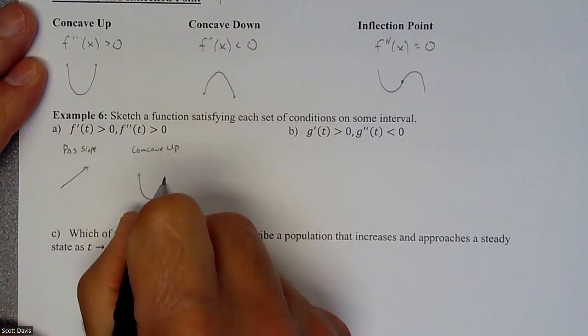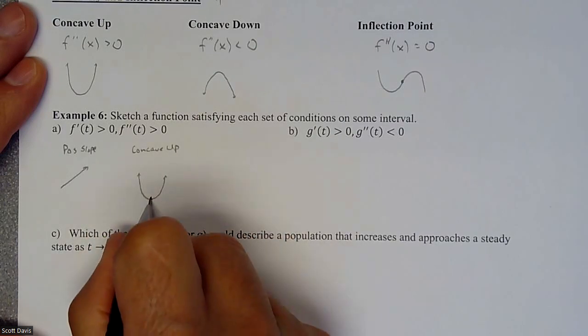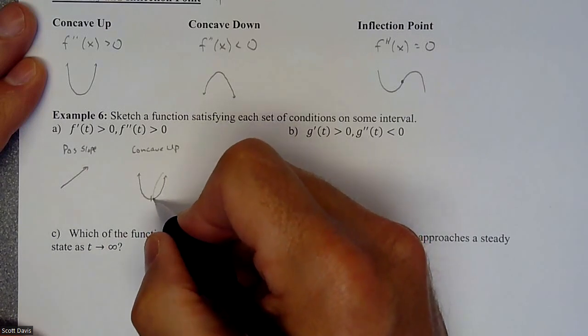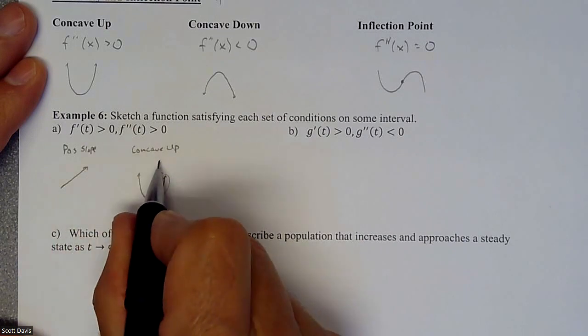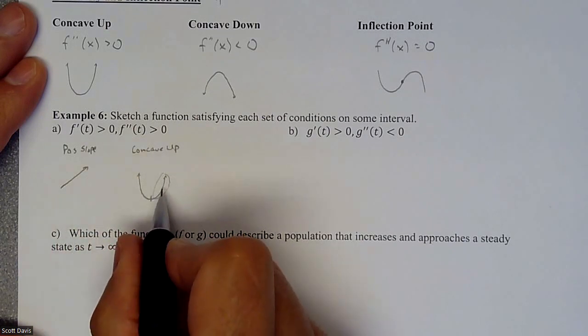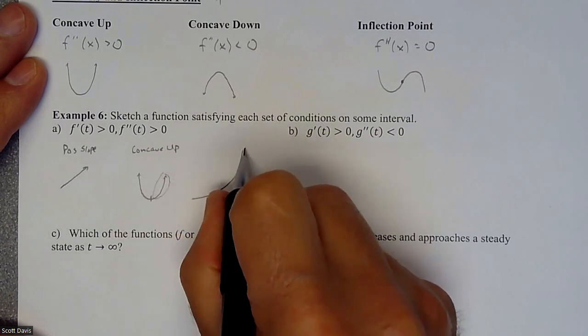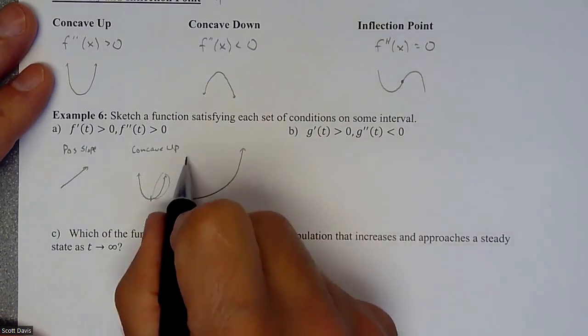But on concave up, part of the graph has a negative slope, part of the graph has a positive slope, and it transitions right here. So that description, positive slope and concave up, would only be this section right here. So a graph that would look like that would be something that looks like that, right?